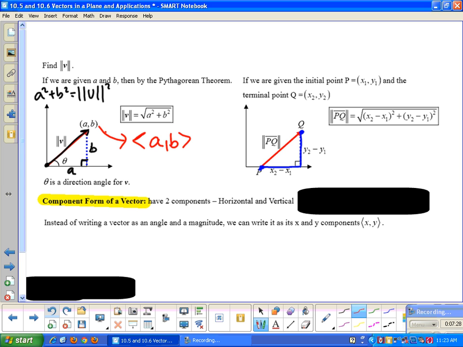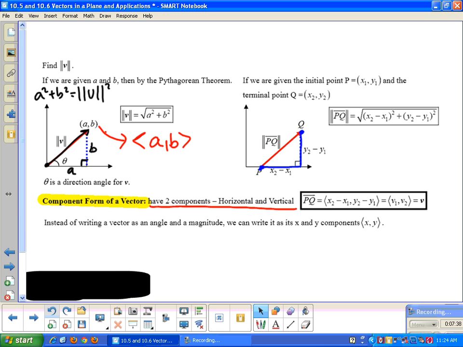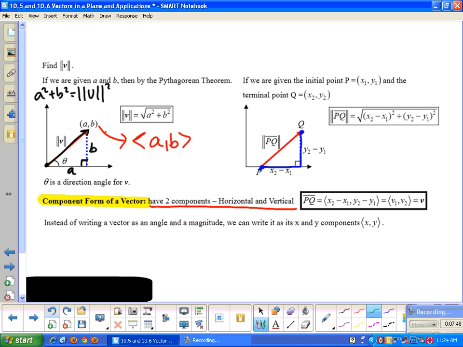These little greater than and less than signs just mean the component form of the vector, and they have two components, the horizontal and the vertical. And if you want to find the component form of a vector that is not in standard position at the origin, then you can just subtract the two like we did for the Pythagorean theorem. So you subtract x2 minus x1, and y2 minus y1, and then you get your vector.